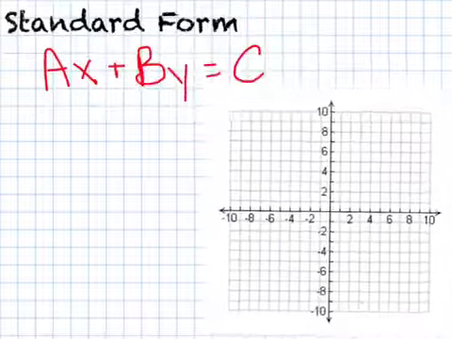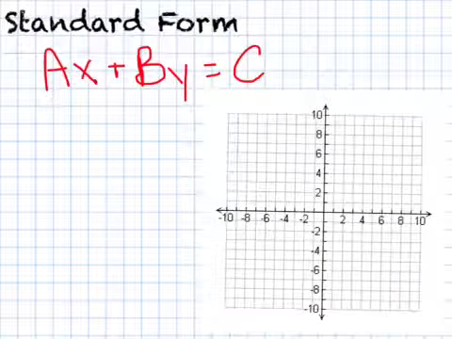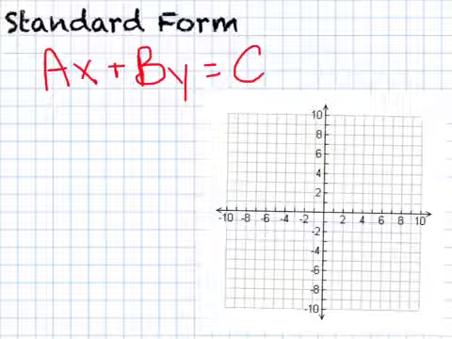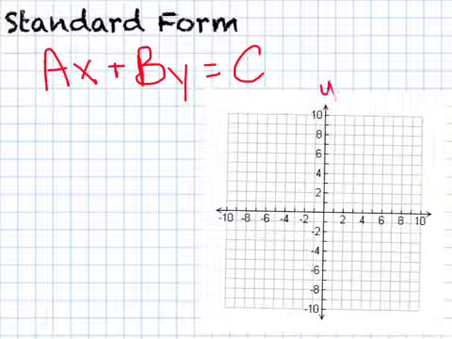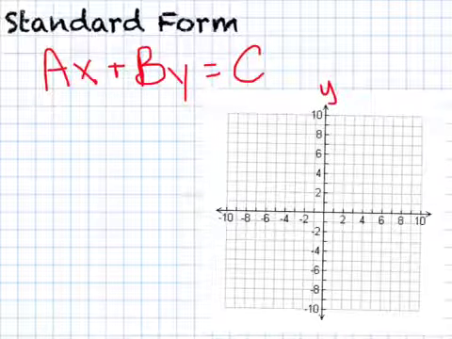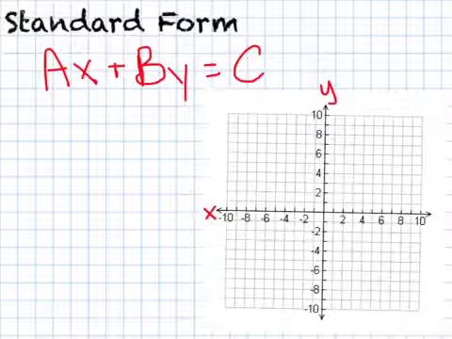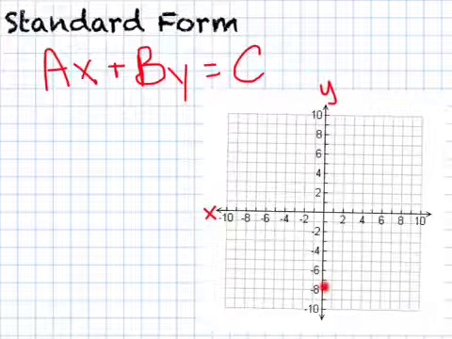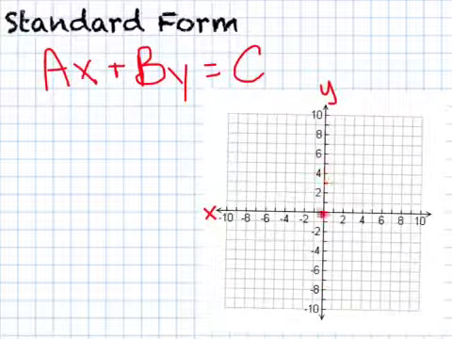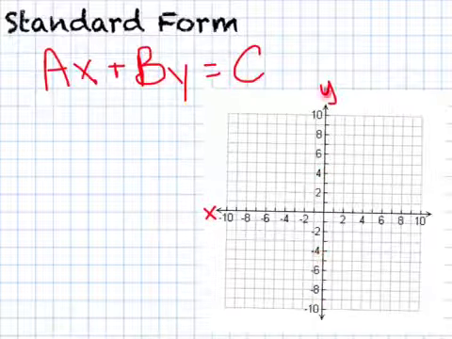So, if we look at this graph here, let's remember that our vertical axis, the one that goes up and down, is our y. Our horizontal axis is the one that goes across. Our y-intercepts will be whichever points cross here at this vertical y-axis.